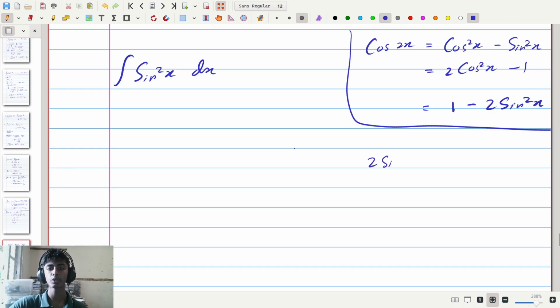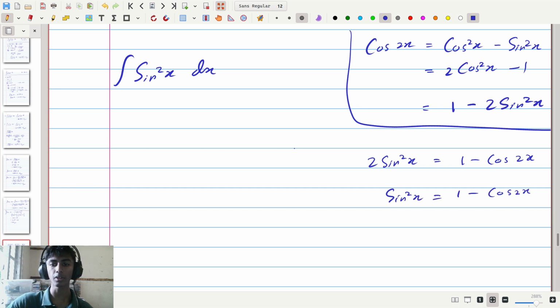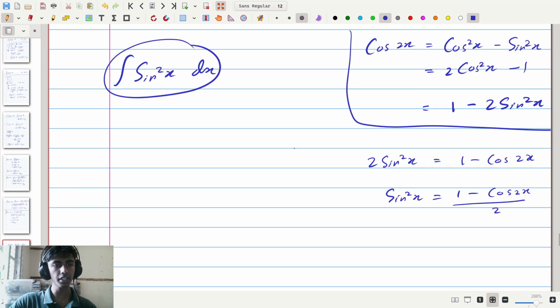Therefore, 2 times the sin² of x is equal to 1 minus the cosine of 2x. Therefore, the sin² of x is equivalent to 1 minus the cosine of 2x, divided by 2. In this integral, we could replace the sin² of x with 1 minus the cosine of 2x divided by 2, which is exactly what we're going to do.